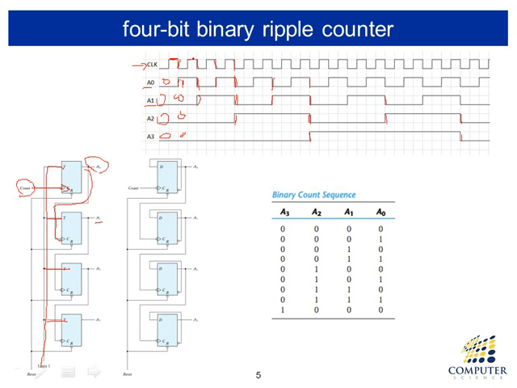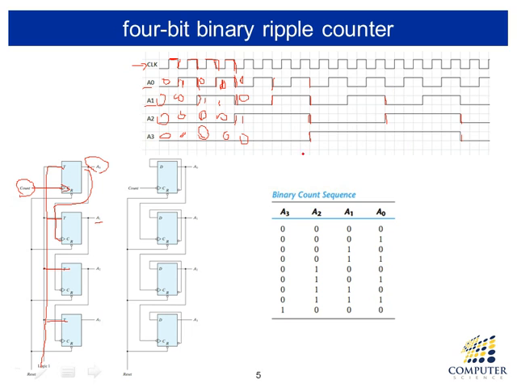And as we have another 1 from the input, as it goes down, the output pattern on these 4 flip-flops is 0, 0, 1, 0, which is binary for decimal 2. So we had 2 ones. By the time we have 3 ones, the output becomes 0, 0, 1, 1, which is 3. By the time we have 4 ones, the output is 0, 1, 0, 0, which is 4.